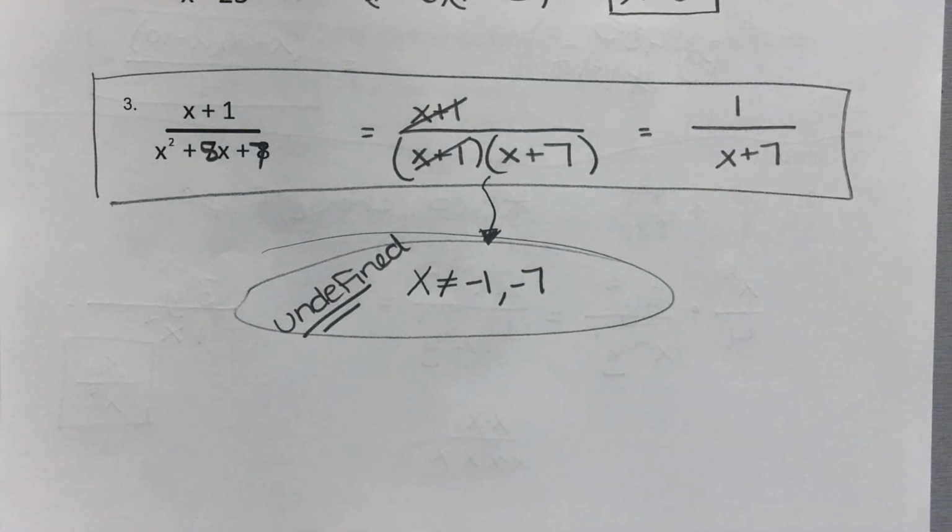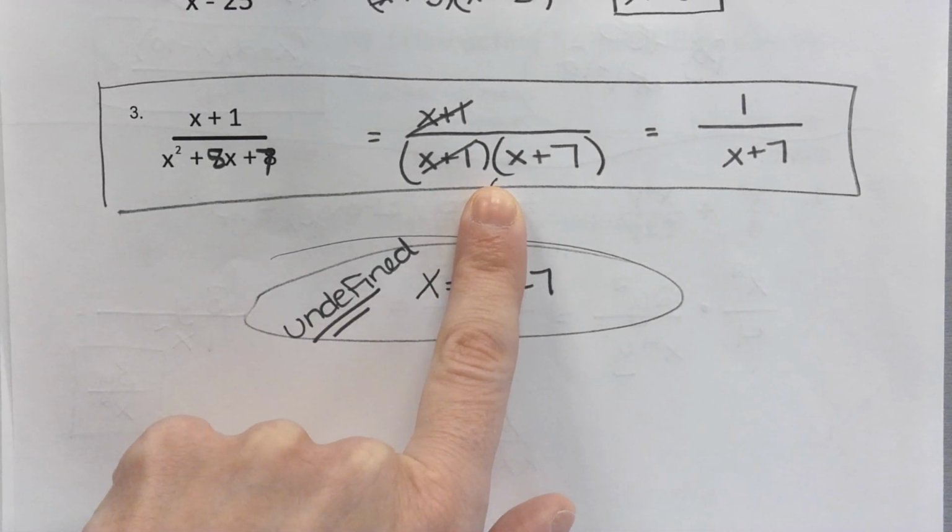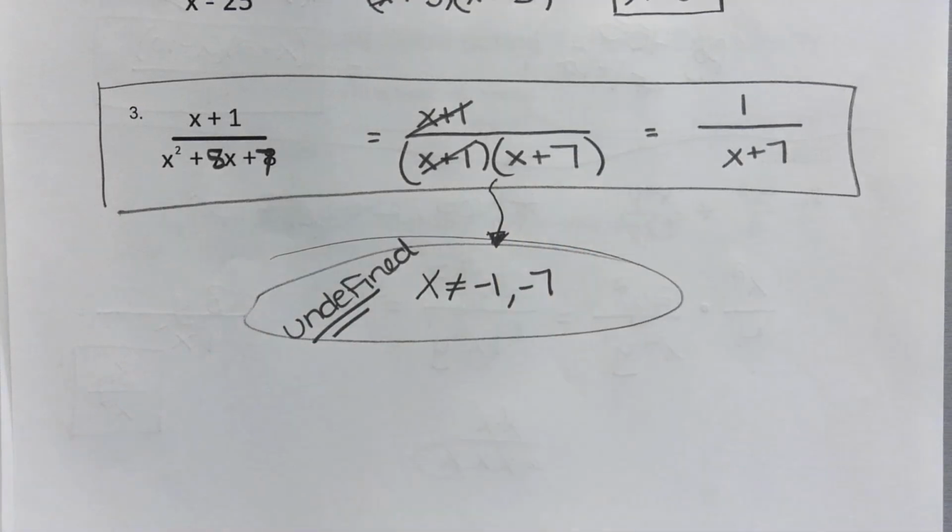So this is a situation where sometimes we like to say what x is, right? But in this case, there are infinitely many numbers that x can be. It's easier for me to give the short list of what it can't be. Does that make sense? So if you come across undefined, you go back to the step before you simplified and you look at the parentheses to see what would make them 0. Good? Okay.